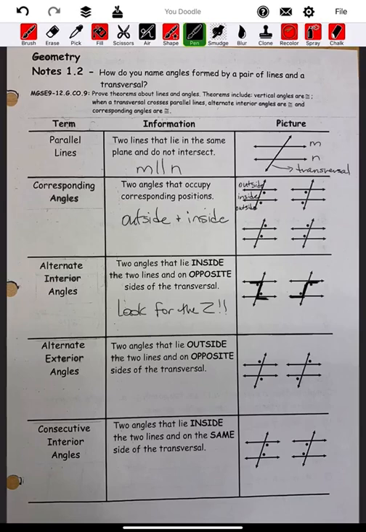Alternate exterior angles are two angles that lie outside the two lines and on opposite sides of the transversal. So here in these boxes, you're going to put top left and bottom right. The reason why is, look at this dot here. It's at the top and on the left.